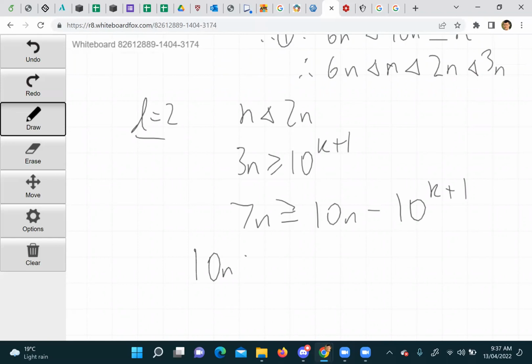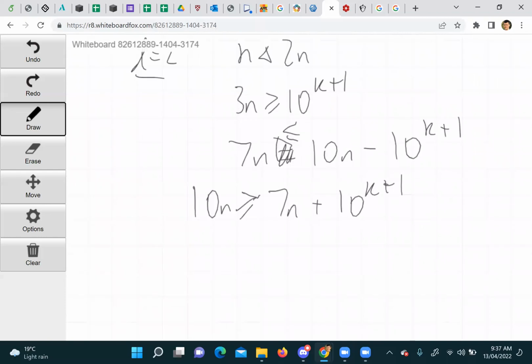Wait, I have the wrong direction. 7n is smaller than, right? So 10n is bigger than or equal to 7n plus 10 to the k plus 1. So therefore 7n is less than 10n, which is equal to n, right?